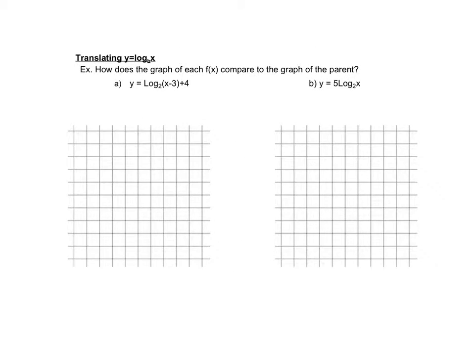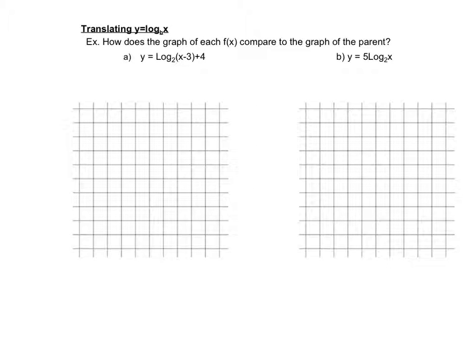And looking here, it says, how do the graphs of these compare to the graph of the parent? Well, the parent in A is going to be y equals log base 2 of x. The parent of B is going to be y equals log base 2 of x.